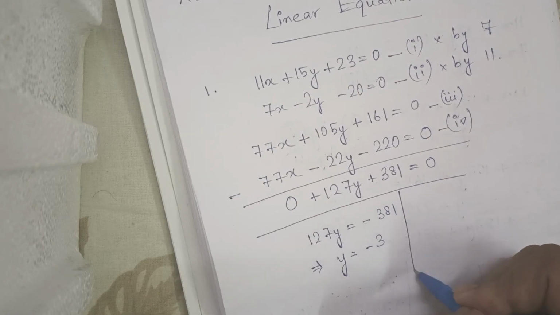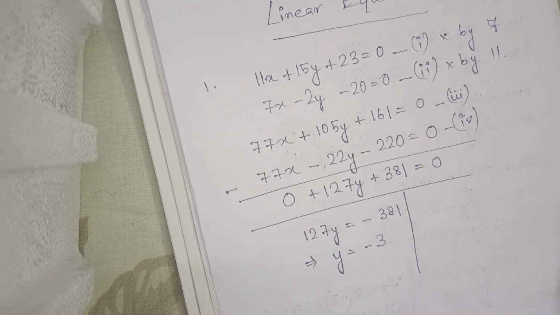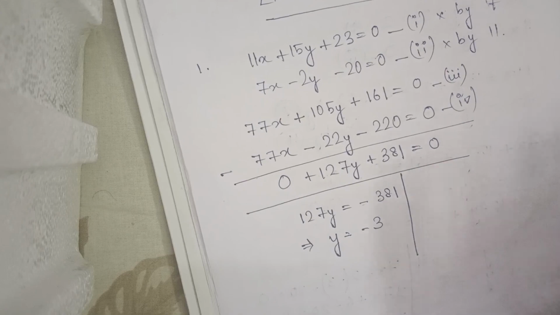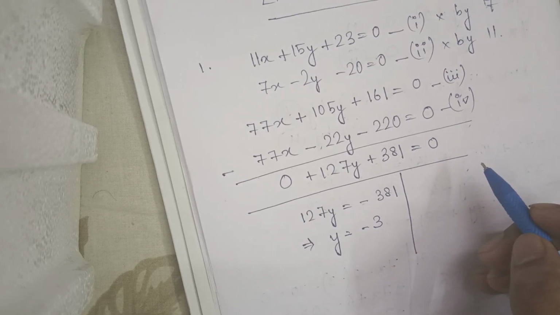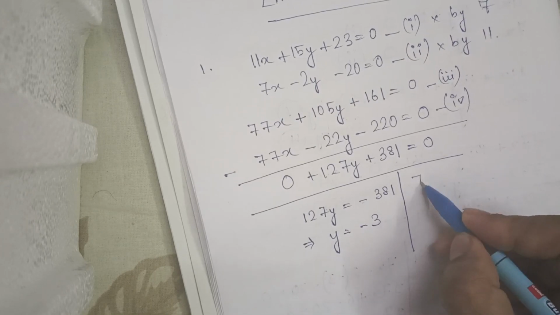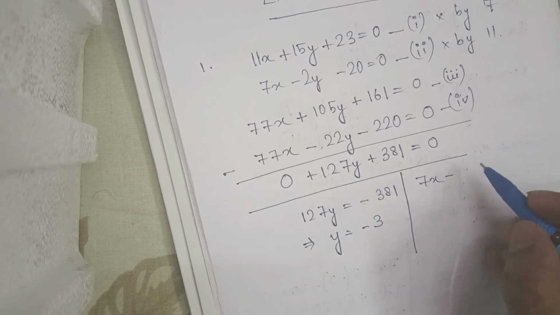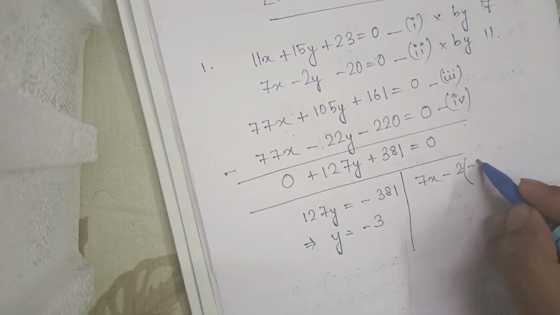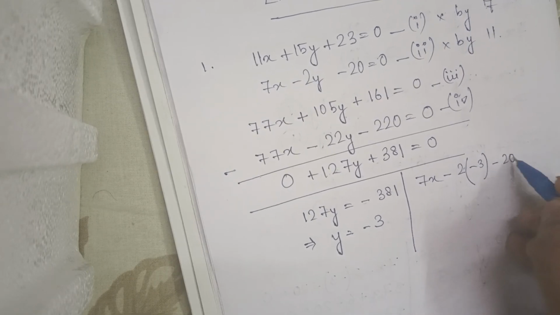Now we'll find out the value of x. So we'll choose equation 2 and we'll put the value of y over there. So 7x minus 2 of minus 3 minus 20 equals to 0.